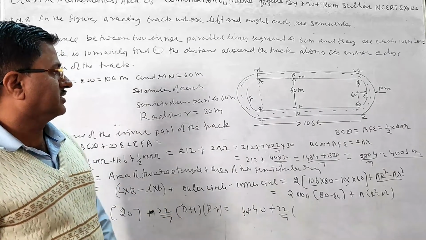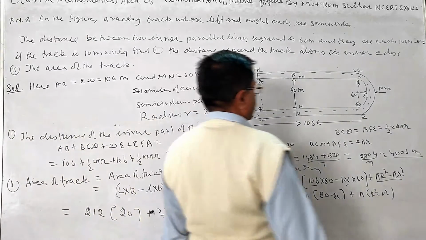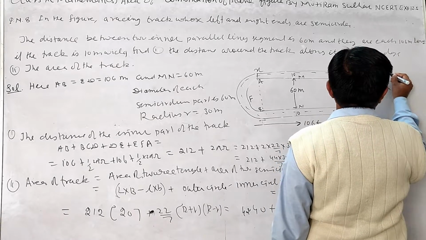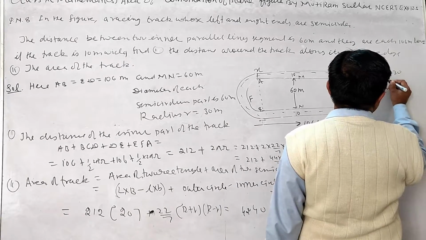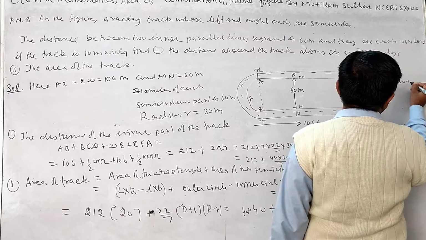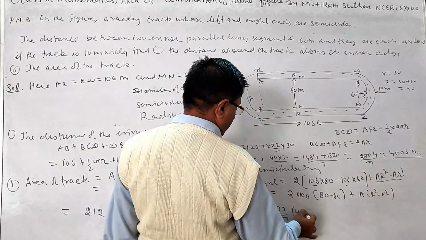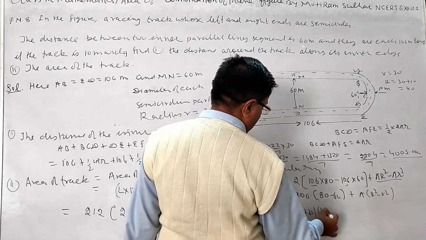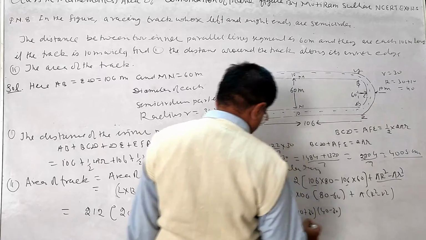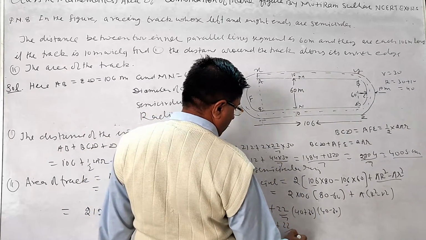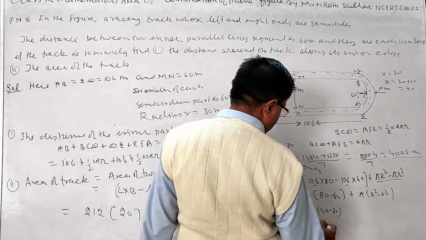So we take radius, so outer radius and inner radius. So here see, we are saying the radius is 30 inner. So outer will be 30 plus 10, that is 40. So we can write here 40 plus 30 and 40 minus 30. So 4240 plus 22 by 7, 70 into 10.